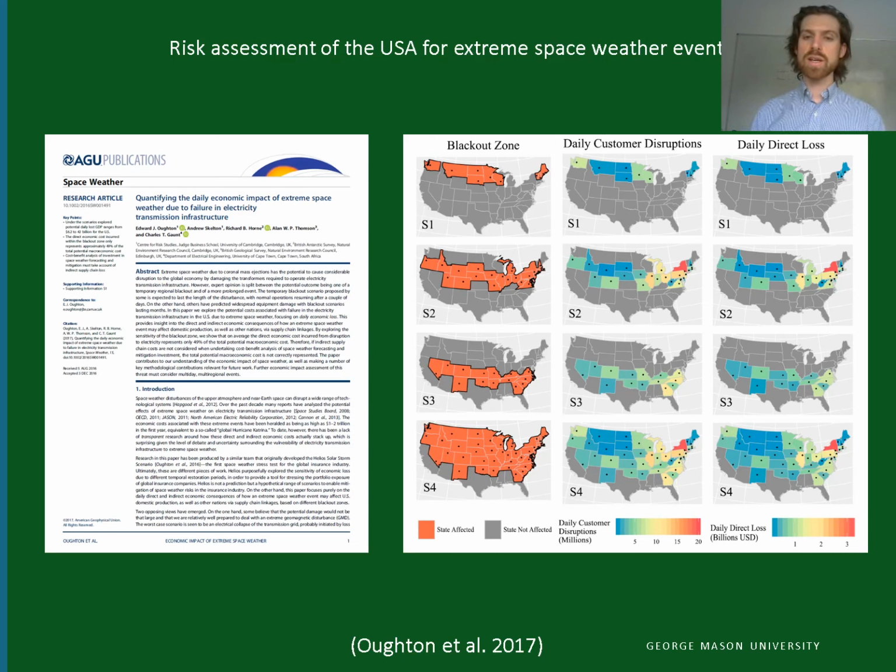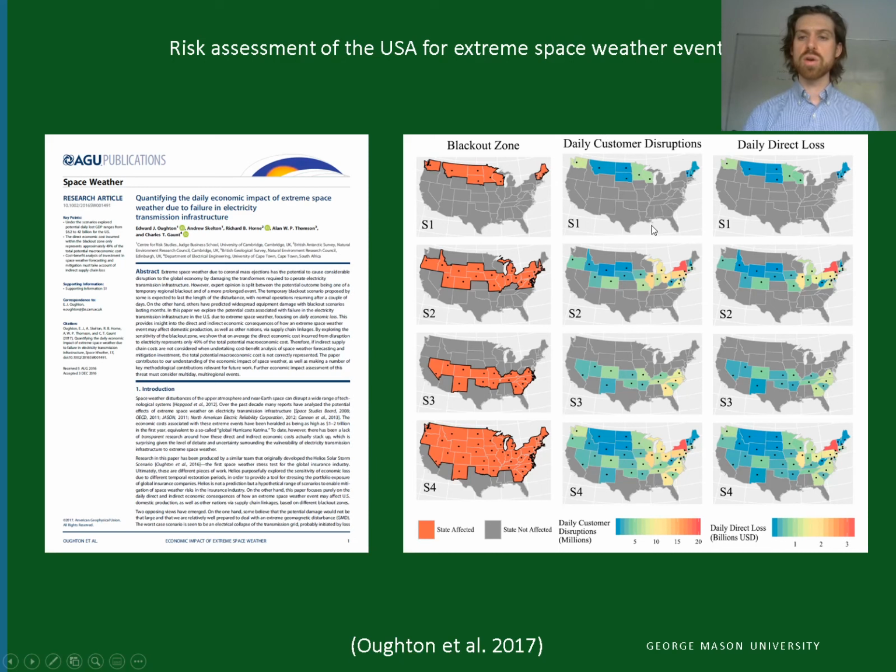So we did this project, and we explored what would happen if the electricity system was knocked out in certain areas across the United States, and it was a state-level analysis. Generally, you can see here the footprints that we tested using the model. These footprints are based on the geophysical footprint of the storm, which for a geomagnetic disturbance would generally be a band across the US, which is why it's forming this shape.